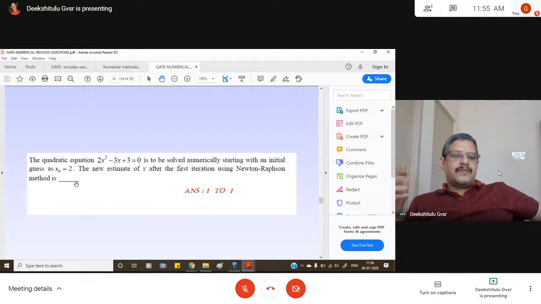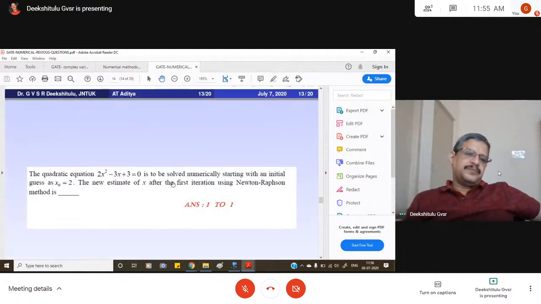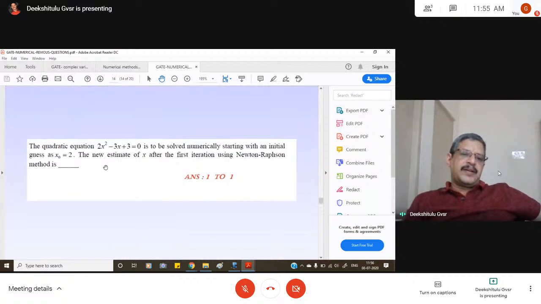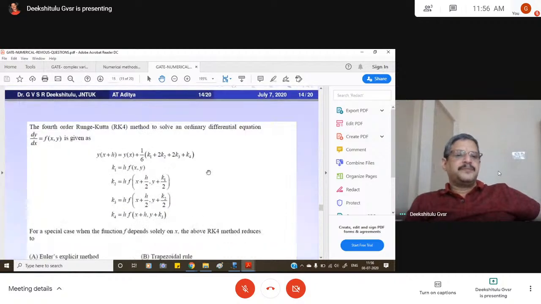Just make f(x) by f'(x). f(x) is 2 into, substitute this 2 here, x squared is 4 into 2, 8, minus 6, plus 3, 5. Numerator is 5. The denominator f'(x) is 4x minus 3. At 2, 4x is 8, minus 3 is 5. Numerator is 5, denominator is 5, cancel out to 1. So x0 minus that is 2 minus 1, which comes to 1.